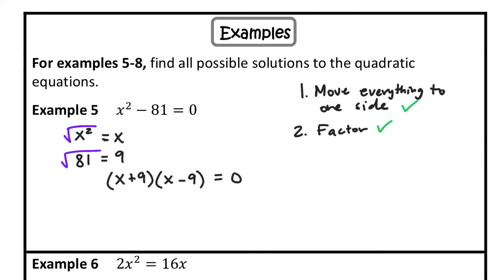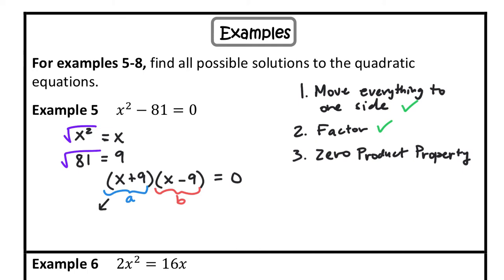And so step 3 is use the zero product property. The zero product property states that if this is my A and this is my B, and they're multiplying and they equal 0, that means that either x plus 9 equals 0, or x minus 9 equals 0.